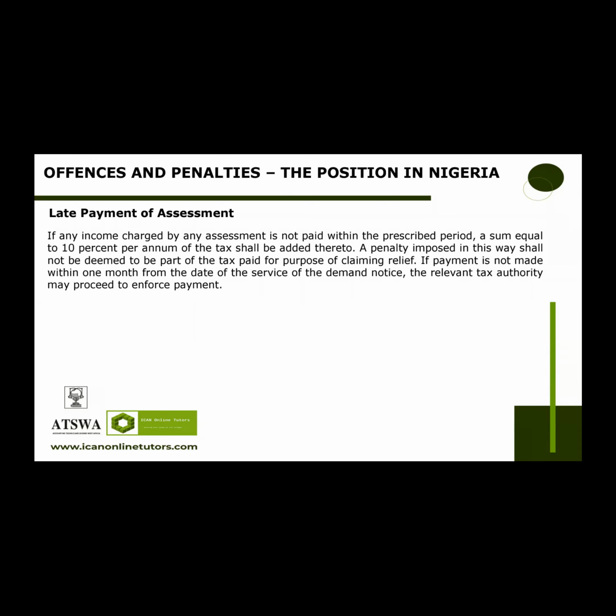However, if the period of 2 months expires before the 14th day of December within the year of assessment, and the aggregate of the tax to be deducted and of any income tax paid for that year within that period amounts to not less than 1/2 of the tax so charged, then payment of any balance may be made not later than December 14th of the assessment year.